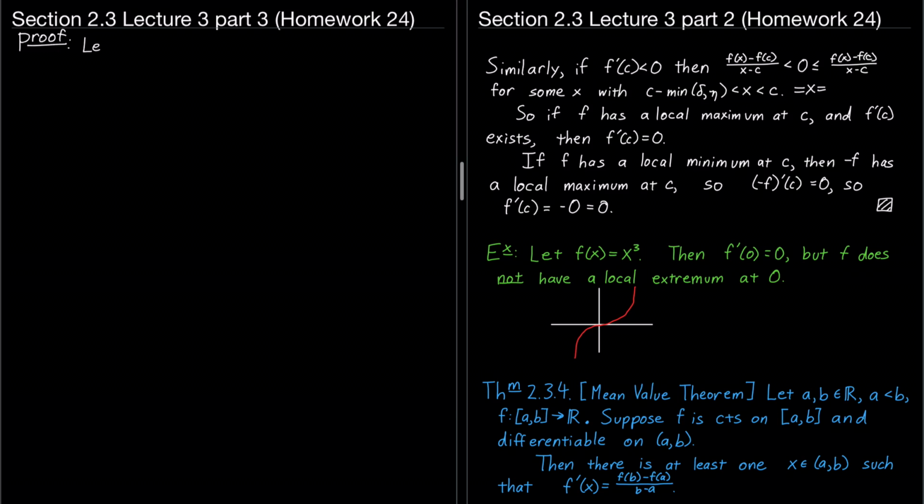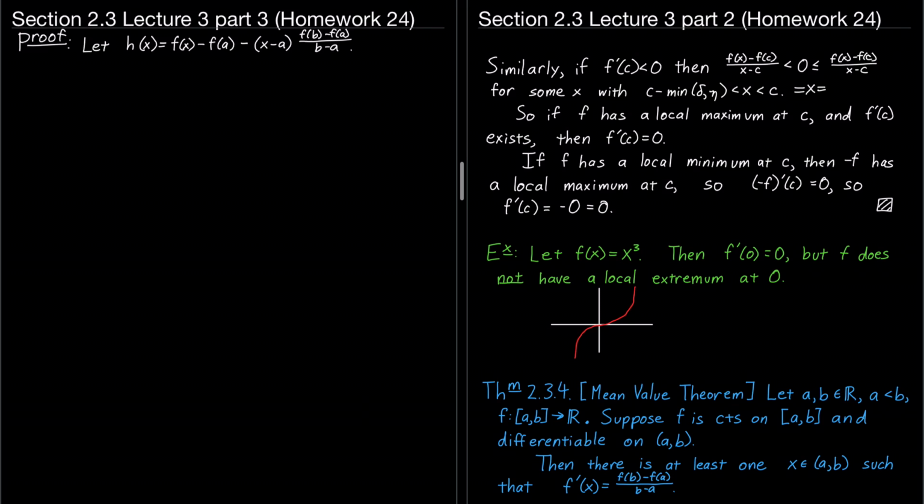So we're going to let the function h of x be f of x minus f of a minus x minus a times f of b minus f of a over b minus a. So this is a new function, but it's a lot like our old function.